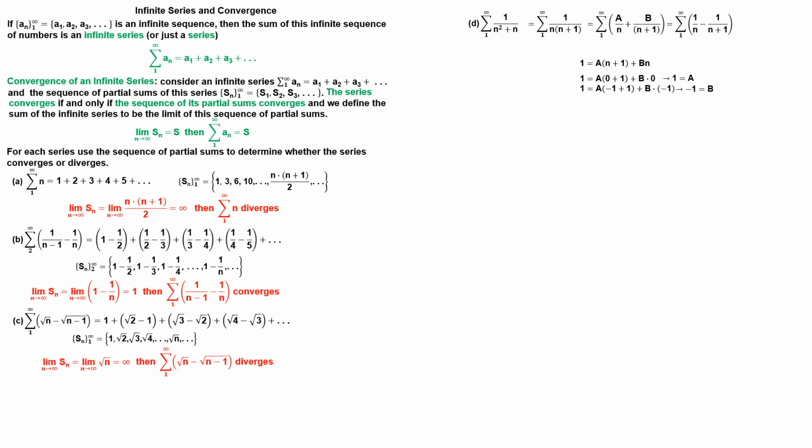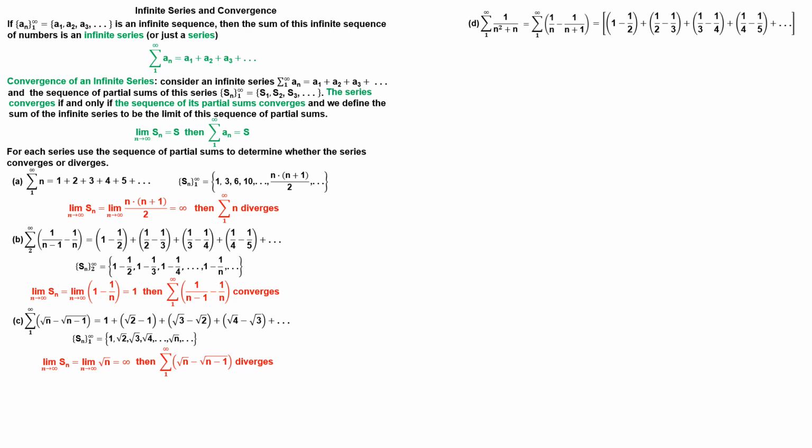We need to find the formula for the partial sums. So we start by writing the first few terms of the series, and then we do the same for the partial sums. Notice that every term except the first and last term is cancelled.